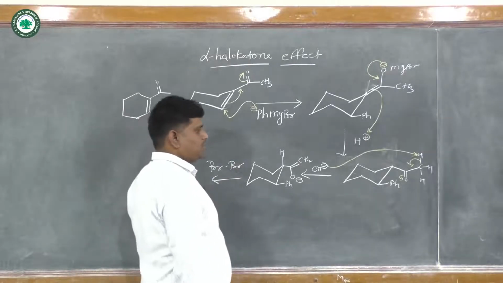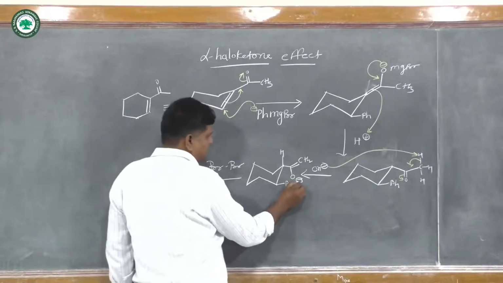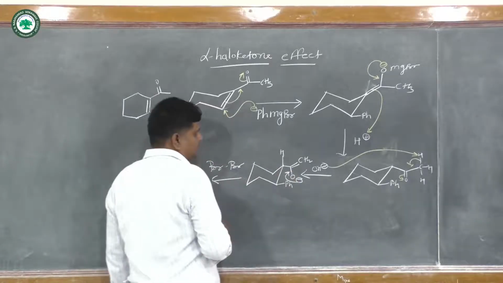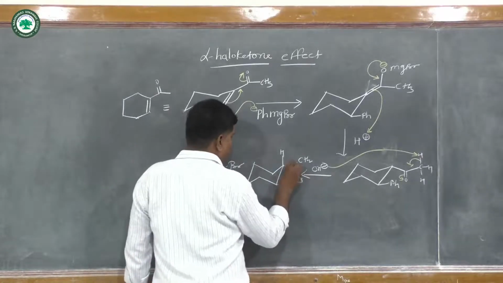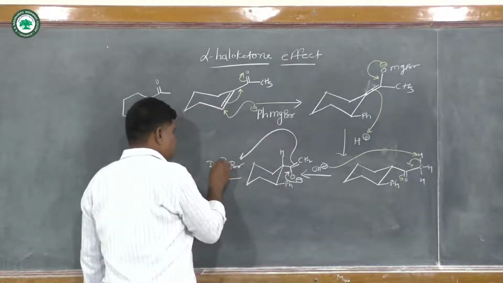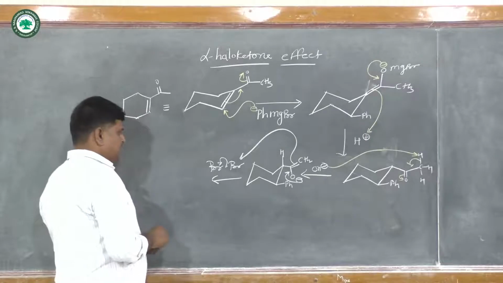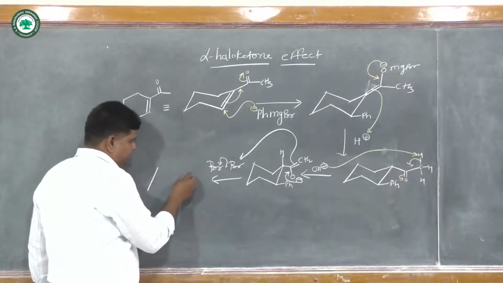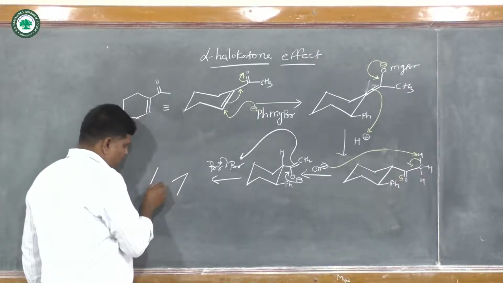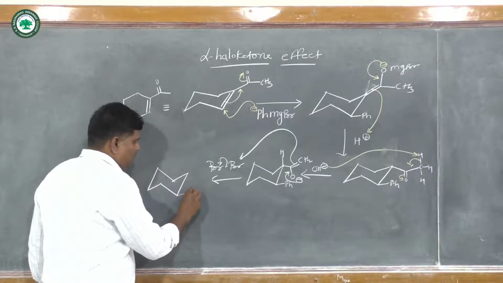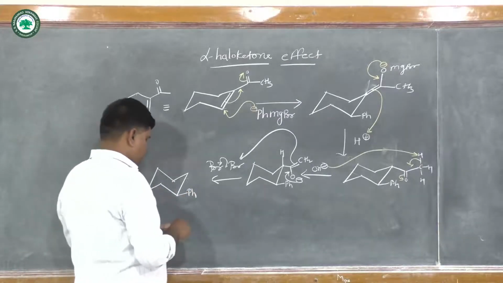Bromination is carried out. This enol can transform into the ketone or carbonyl, and this double bond will attack on bromine. Now we get your last product, which has a phenyl ring.